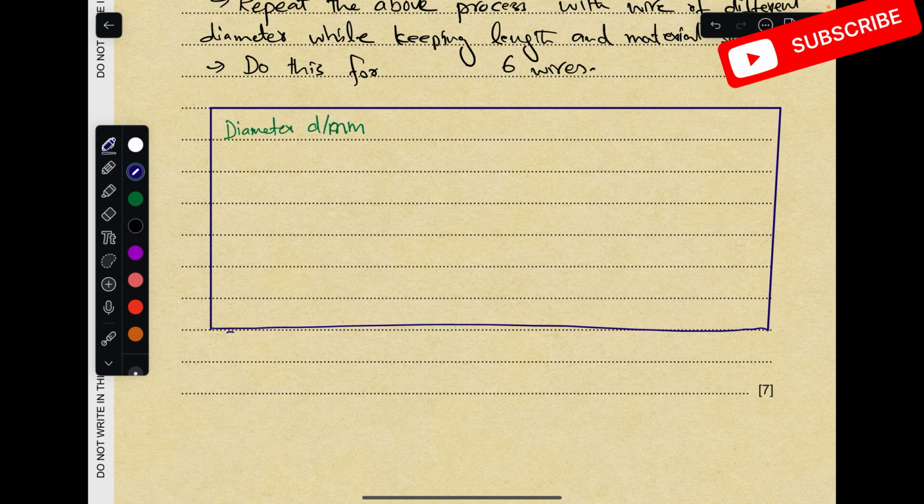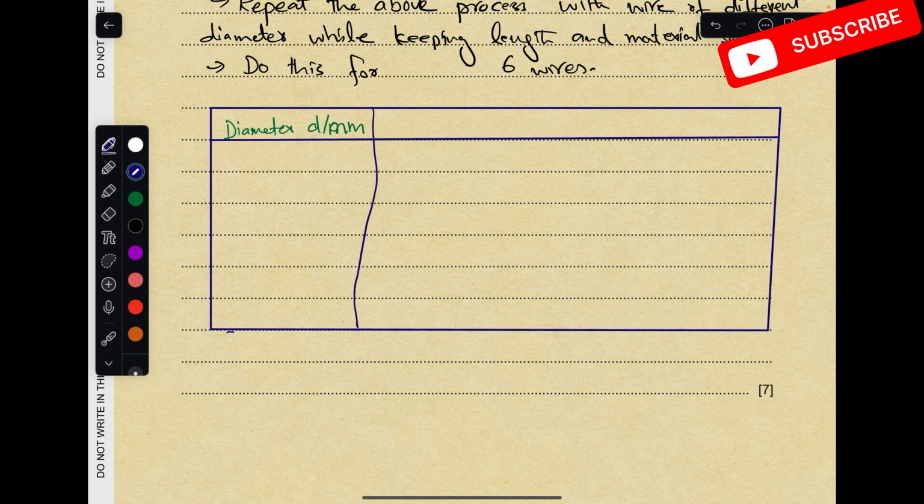This is the diameter. Then the next thing is you're taking the reading of voltage and current. So you can say voltage, V / V. Another column will come for the current.